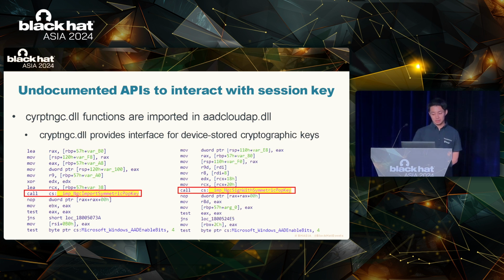By looking at the plugin code, I found that undocumented APIs from cryptngc.dll are imported and used for handling the encrypted session key in the response, which are NgcImportSymmetricPopKey and also NgcSignWithSymmetricPopKey.